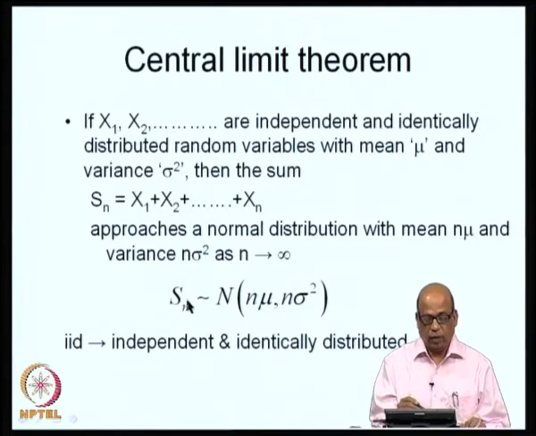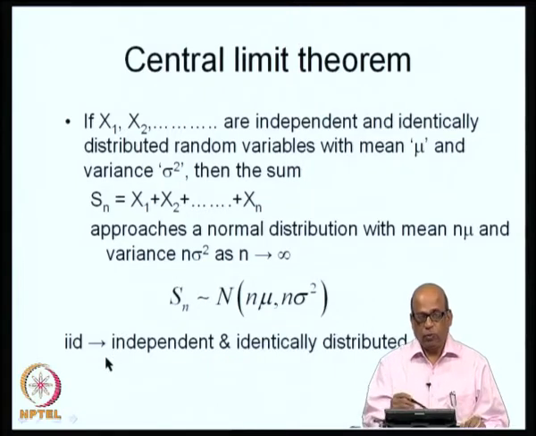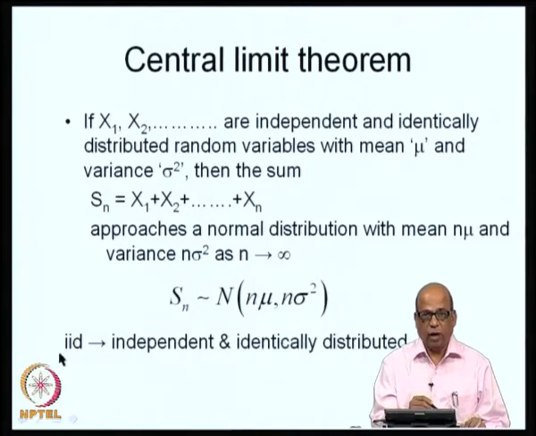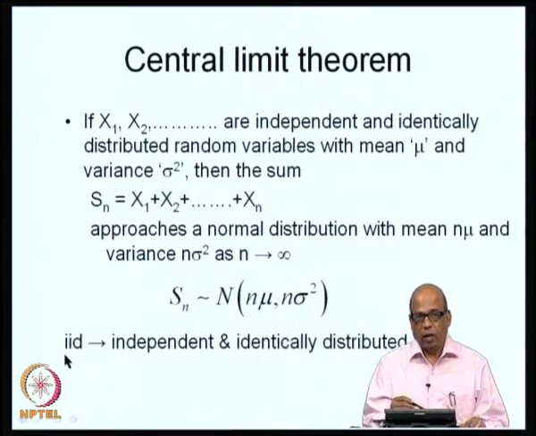That is, S n follows a normal distribution with parameters mean as n mu and variance as n sigma square. Now, this is the important result and we use this abbreviation IID to indicate that the random variables are independent and identically distributed.